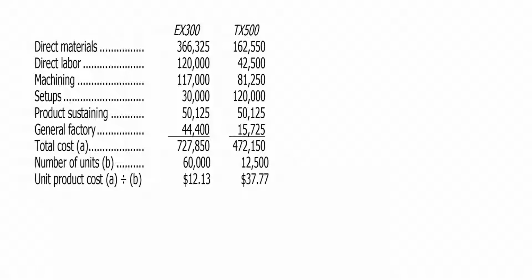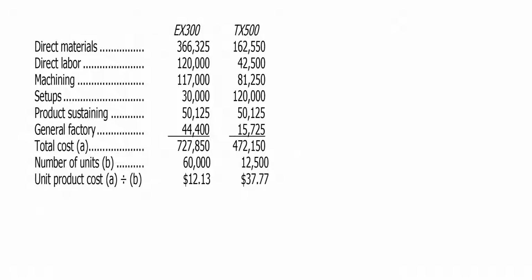Now, let's compute the machining. Machining for EX300 is 90,000 machine hours. We determined the amount per machining hour is $1.30. So take $1.30 times 90,000, 117,000.